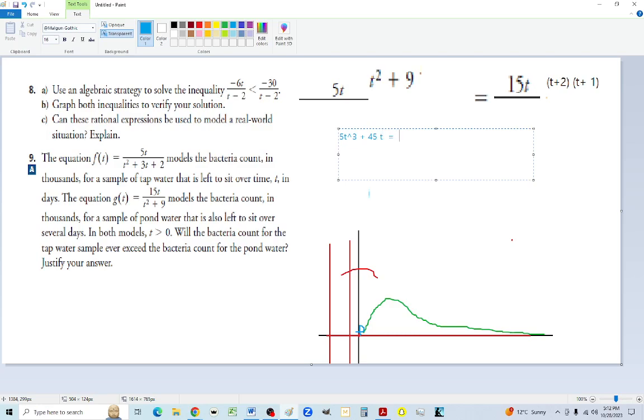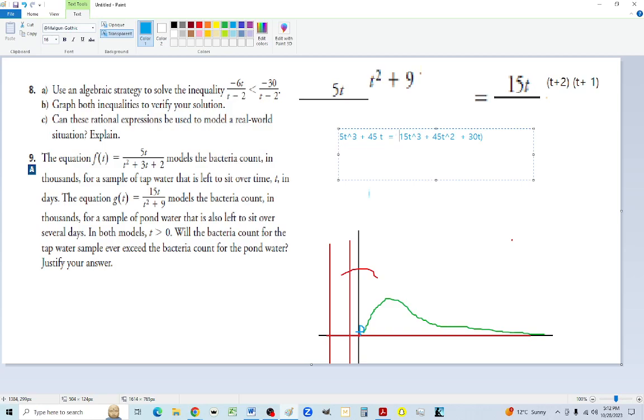And on the right, we're going to get 15t times t squared plus 3t plus 2. And we're going to get 15t cubed plus 45t squared plus 30t. And when we subtract, is that 15t squared? It's t cubed? Yeah, it is.